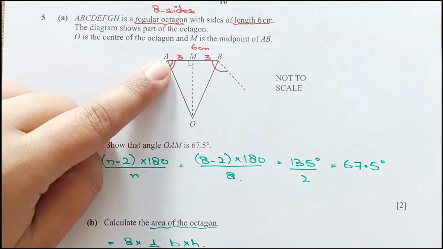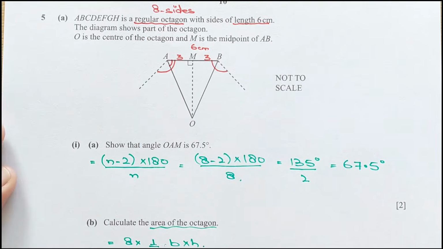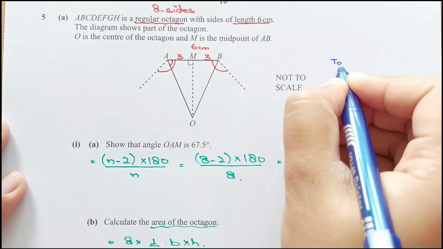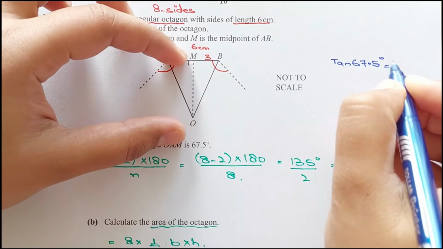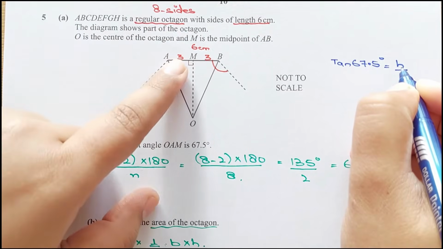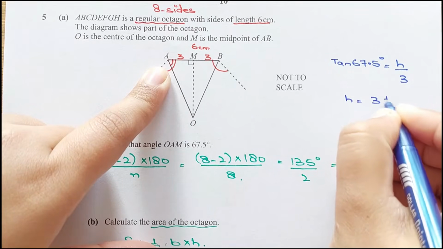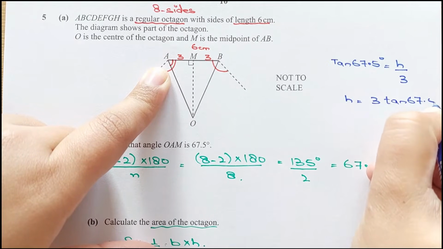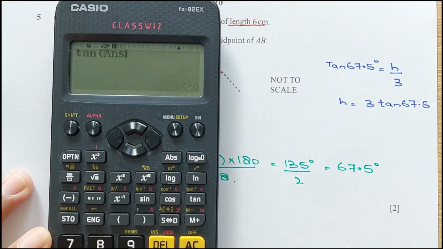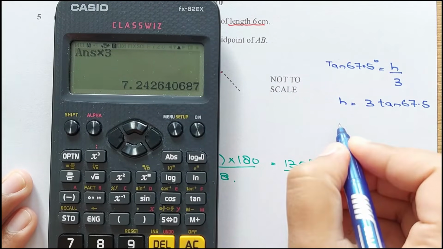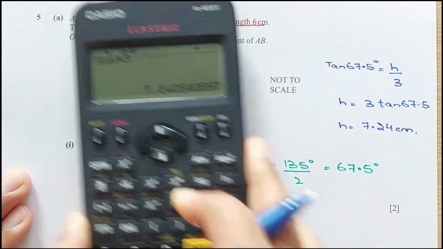We know this angle, the front side is opposite, and we know the adjacent side as well. So let me use the ratio for tangent. Tan of the angle 67.5 degrees is equal to the opposite side OM, that is the height of the triangle, divided by the adjacent side, that is 3. So we get the height by doing 3 times tan of 67.5. Let me calculate tan of 67.5 times 3. The height is 7.24 centimeter. This is the height of the triangle.